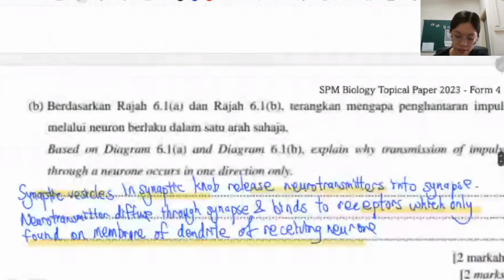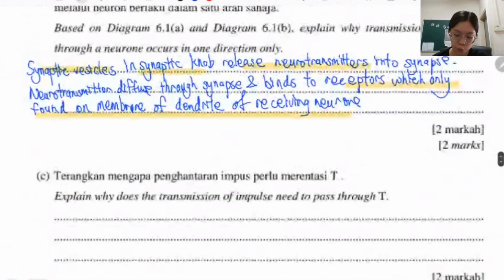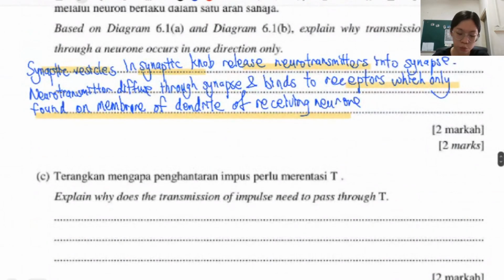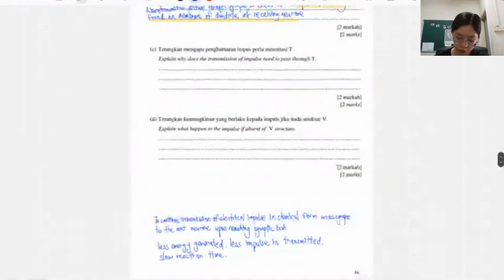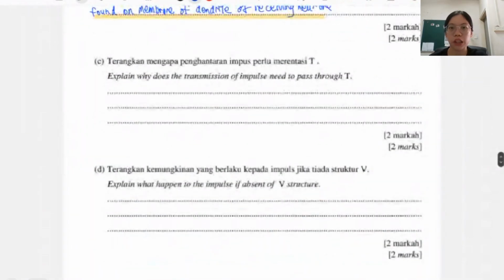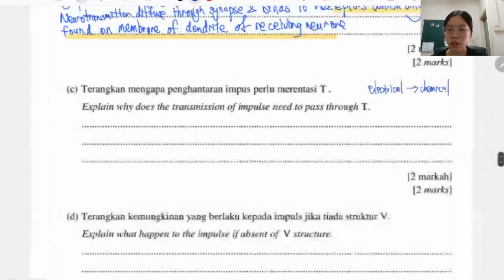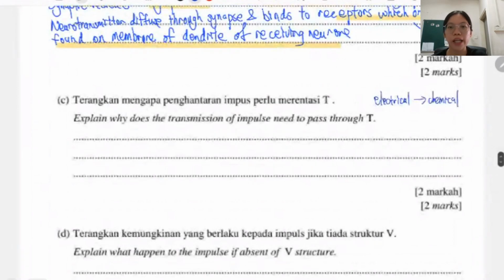Okay. Now moving on to explain why it needs to pass through T. Basically, it has to pass through T to continue the transmission, because it's from an electrical form and then it has to pass through the synapse in a chemical form. What if it doesn't pass through? The electrical impulse won't continue, right?